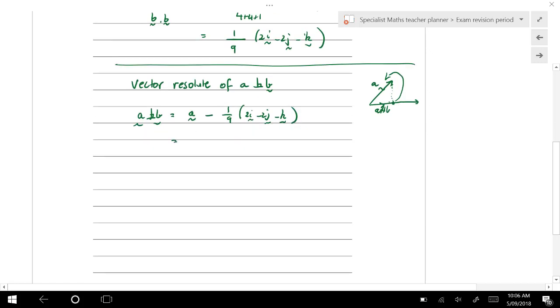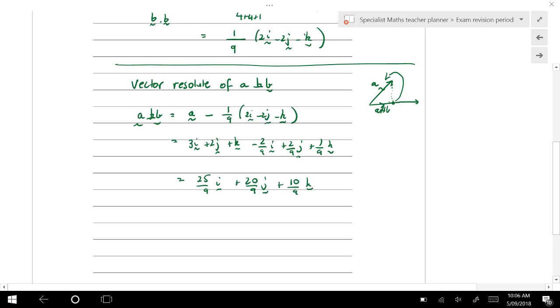Now that is equal to 3i, I would be writing this out in full, ladies and gentlemen, plus k minus 2/9 i plus 2/9 j plus 1/9 k. Now that is equal to 25 on 9 i plus 20 on 9 j plus 10 on 9 k.